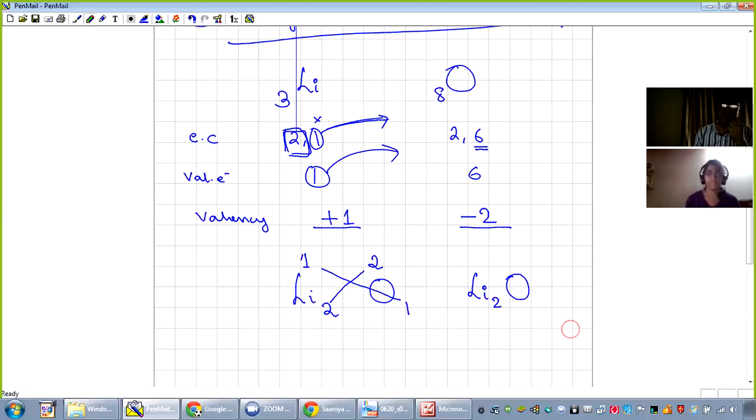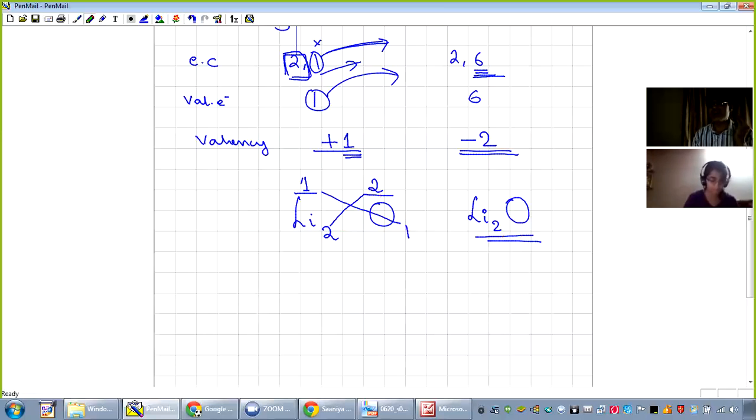Here the valency of lithium is 1 because it is getting rid of 1 electron. Oxygen needs 2 more electrons, so its valency, if it is accepting electrons, is going to be -2. Just write down the valencies on the top, exchange them, and work out the formula of lithium oxide. So there are 2 lithium atoms and 1 oxygen atom.